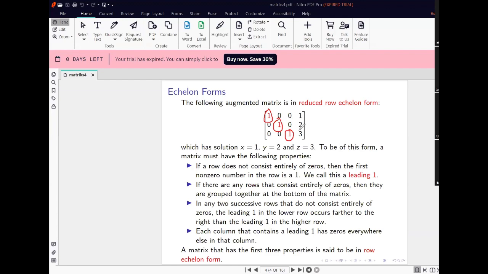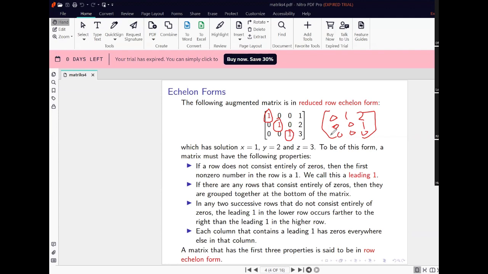For example, 0, 1, 2, 0, 0, 1, and 0, 0, 0. In the third row, it consists entirely of zeros.